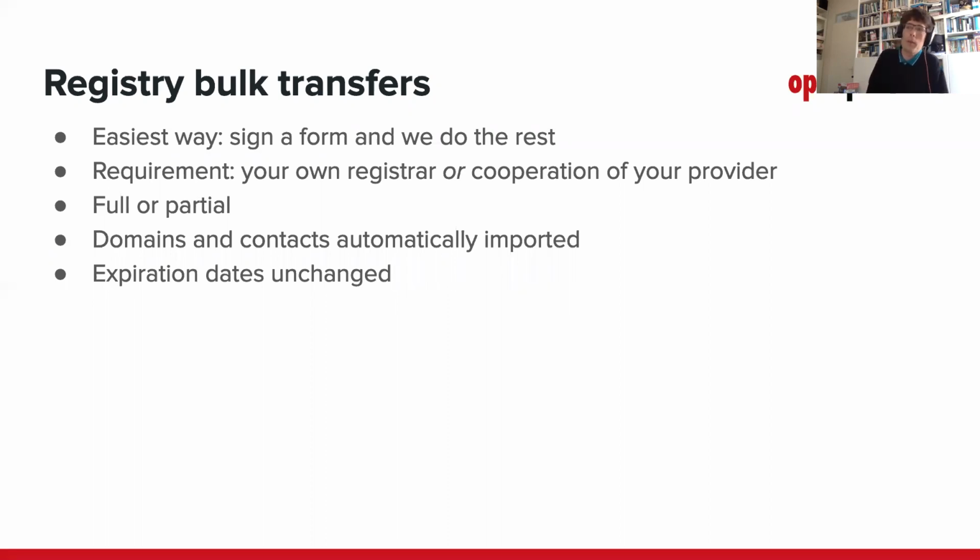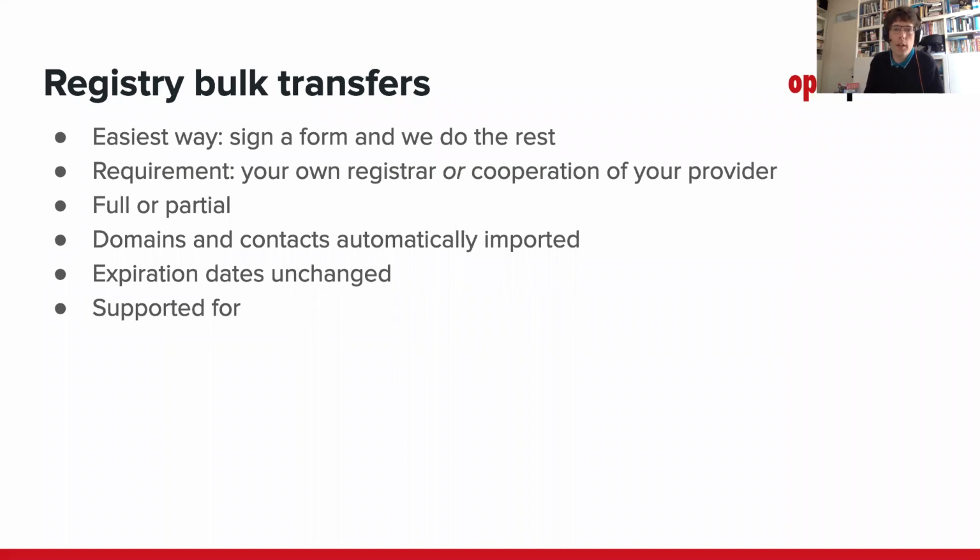Remember when we were talking about the robots, there you see that gTLDs, for example, will extend with a year. Extensions like .be will restart the registration period. So your periods in your own administration might be out of sync with the registry. That's the advantage of a bulk transfer: everything remains the same, also the expiration dates.